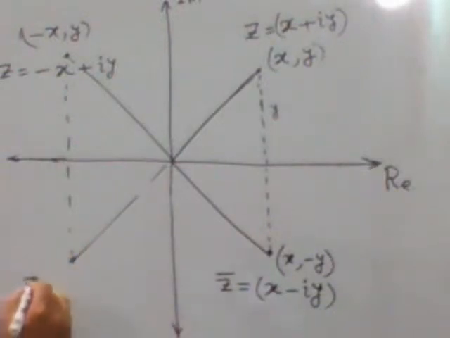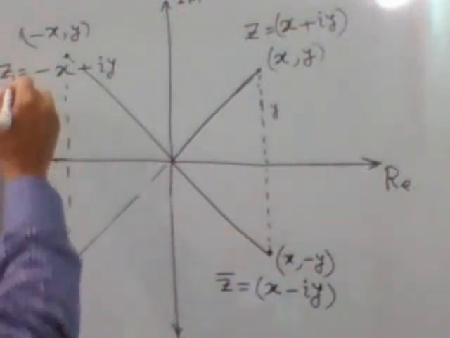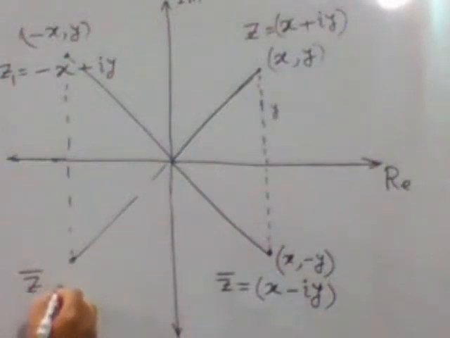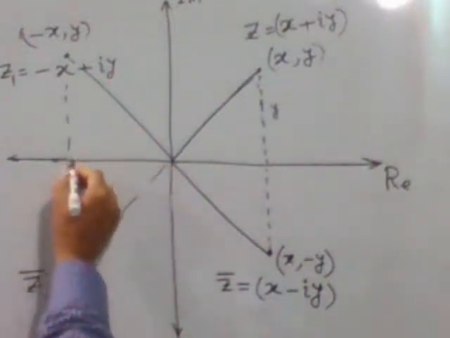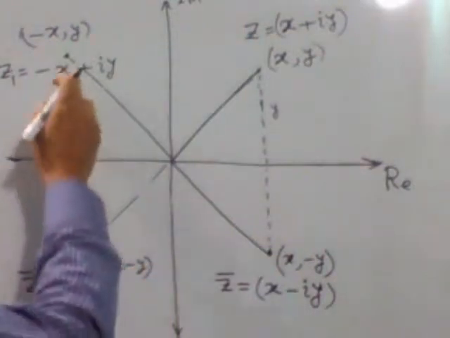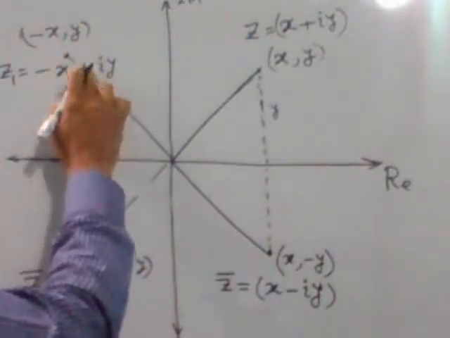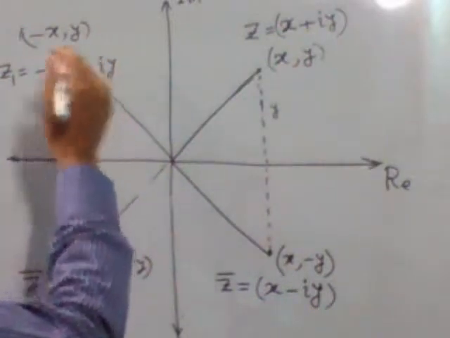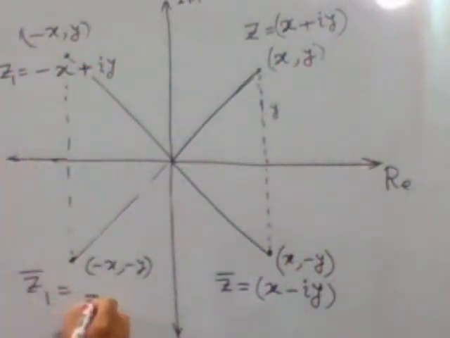Suppose this is z1, so this will be z1 conjugate. This point will be minus x comma minus y, which is the conjugate of this number. That means the plus sign in between changes to a minus sign, so it will be minus x minus iy.